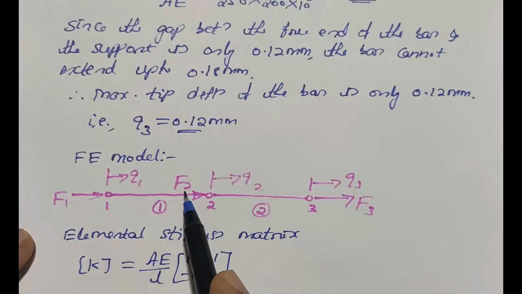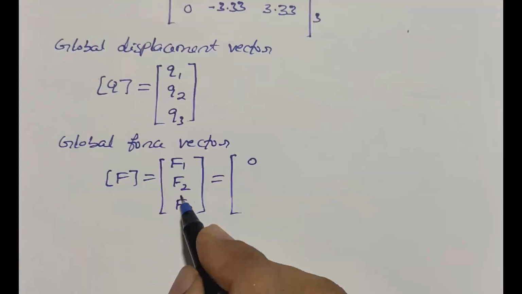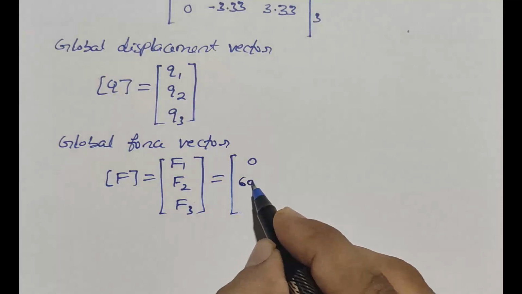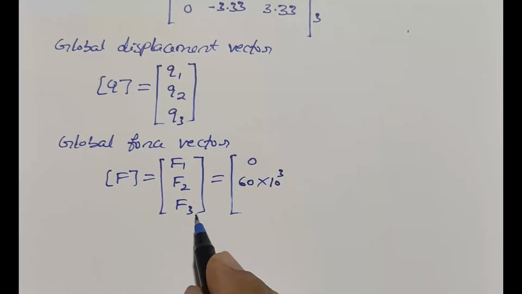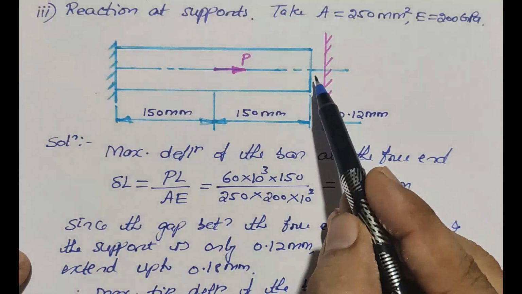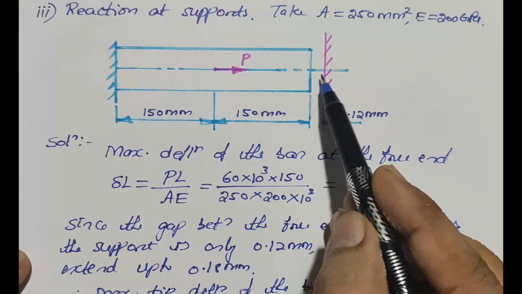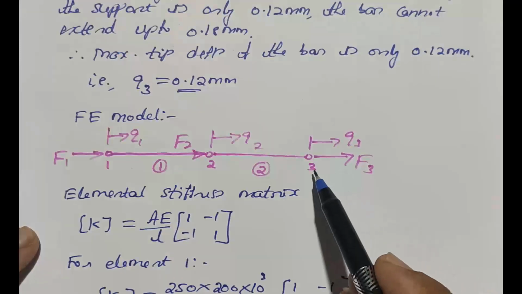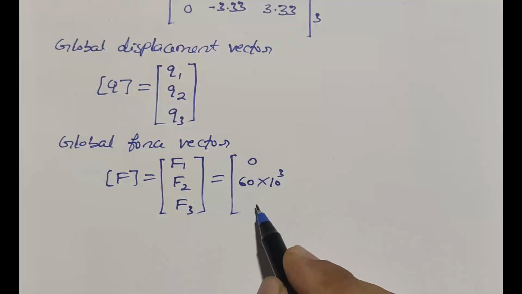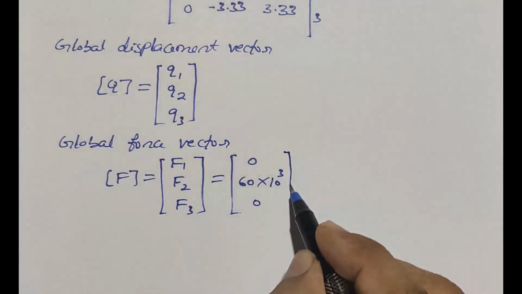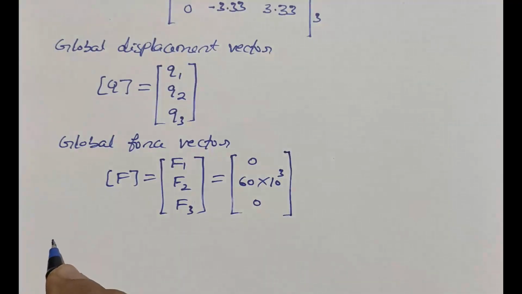Therefore F2 is 60 kilonewton, 60 into 10 power 3. F3 is the applied load at node number 3. See the figure. Here at node number 3 there is no load, which means the applied load at node number 3, F3, will be equal to 0. Next is the equilibrium condition.